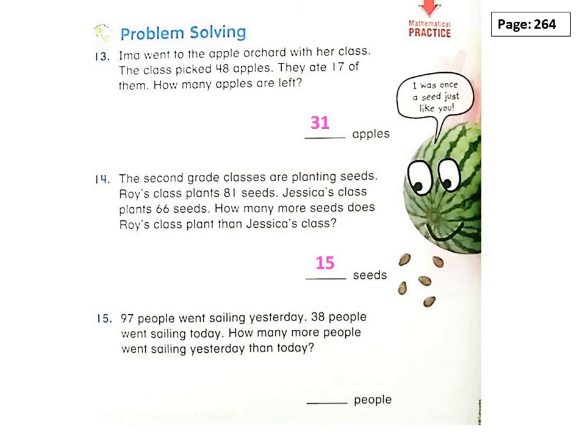So 97 minus 38 equals what? Did you say 59? If so, you are totally right, grade 2. Again, try to check it by yourself. So please, grade 2, be sure to write these answers in your book, page number 264.